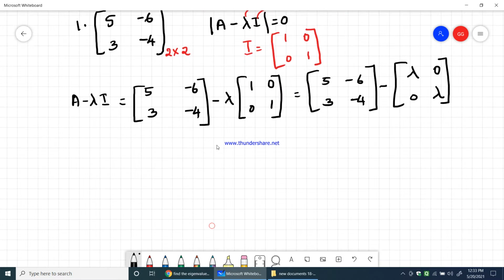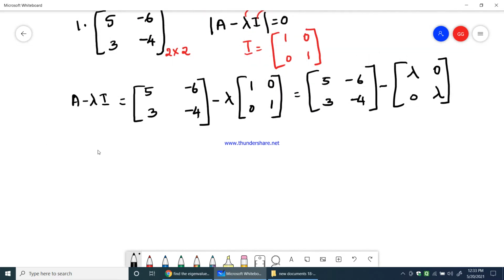Now you write the resultant A minus lambda I, which will be equal to 5 minus lambda. You are subtracting each element with the other matrix's elements with respect to position. So 5 minus lambda, minus 6 minus 0, which is minus 6, 3 minus 0 is 3, and minus 4 minus lambda.